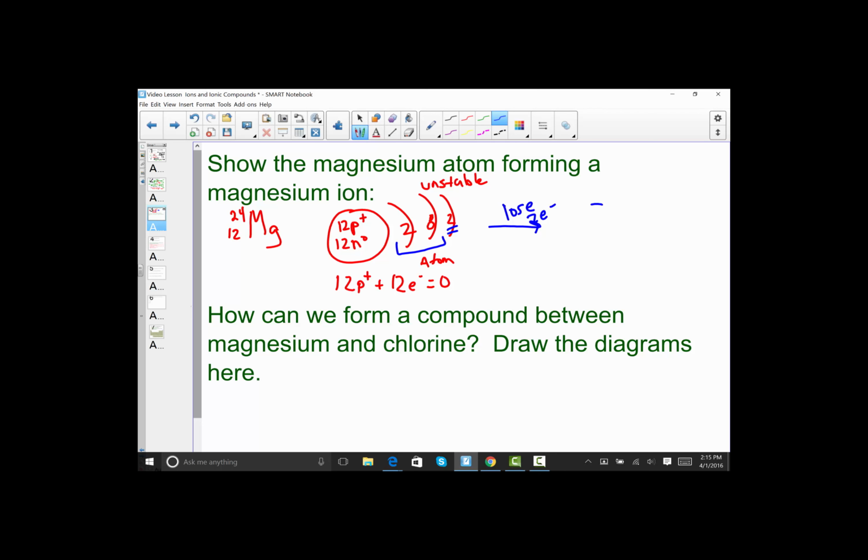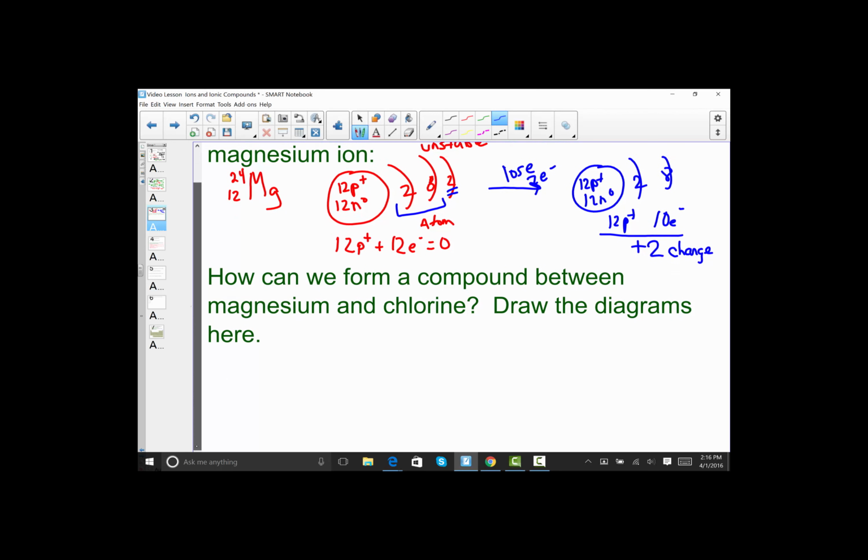When it does so, we'll see the ion with 2, 8 electrons left, 12 positives and only 10 negatives, leaving a balance of a +2 charge. When magnesium loses 2 electrons, it leaves itself with a +2 charge.